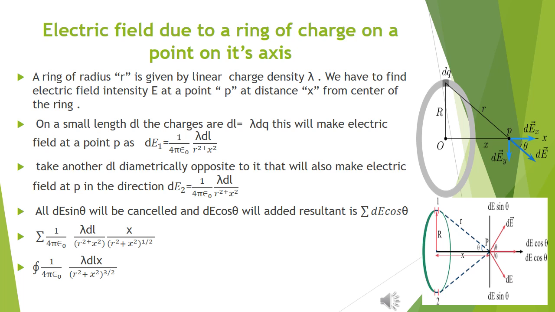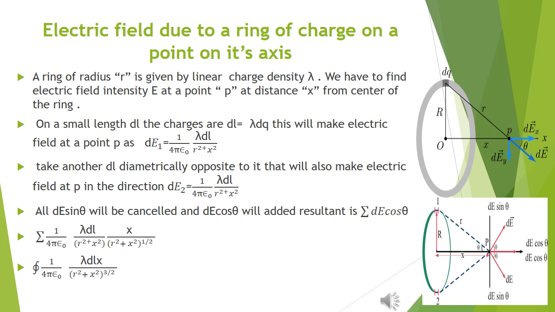Another thing we can take out, because of this geometry, we take an angle theta. As you see in the diagram, the electric field dE1 is resolved into its two components, dE cos theta and dE sin theta. One is along the axis and the other is perpendicular to the axis.